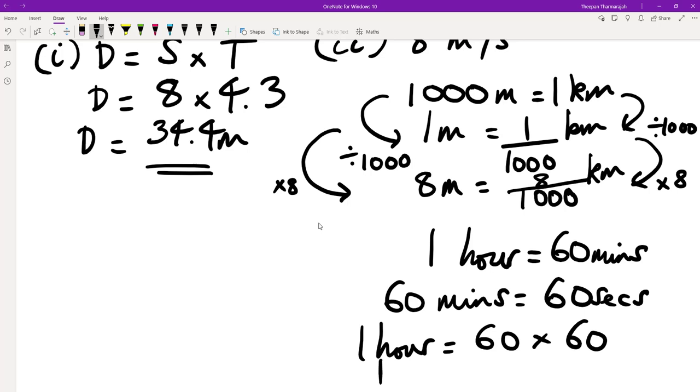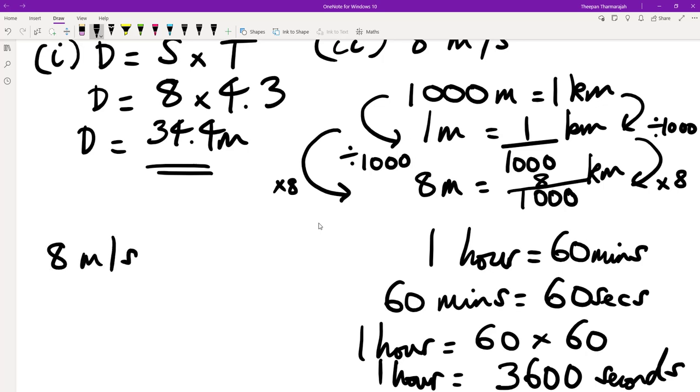So 1 hour is going to be 3,600 seconds. So when we want to convert 8 meters per second into kilometers per hour, to go from 8 meters to kilometers, we know that's 8 over 1,000. And then we need to times it by 3,600.